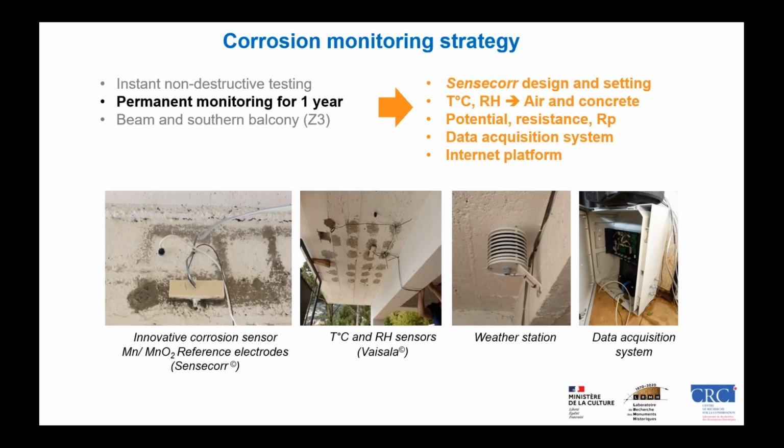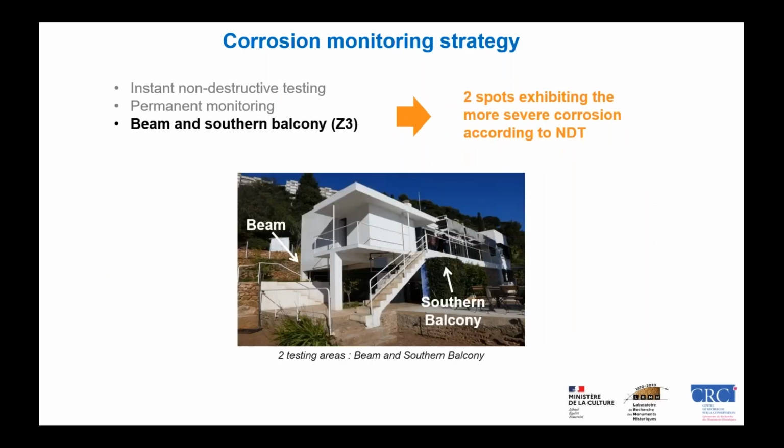And all of those data acquisition systems were connected to the internet, so that we could collect the data from the desk in Paris. So 2 spots exhibiting more severe corrosion according to the non-destructive testing were monitored with the permanent monitoring system.